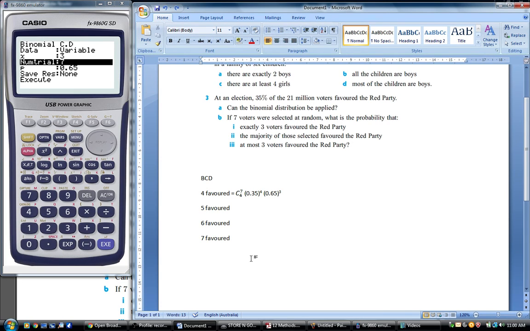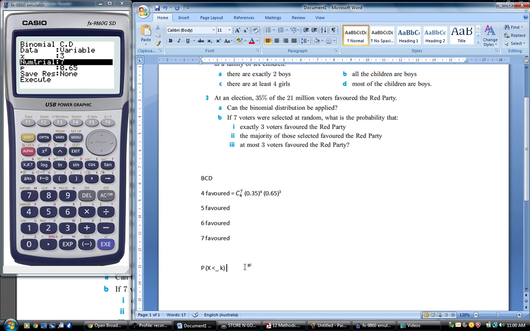Now the BCD asks us for the probability of X being less than or equal to some number. Let's just put K in there for now. Some number K. What we want to know is, what's this number K that we're going to put in?